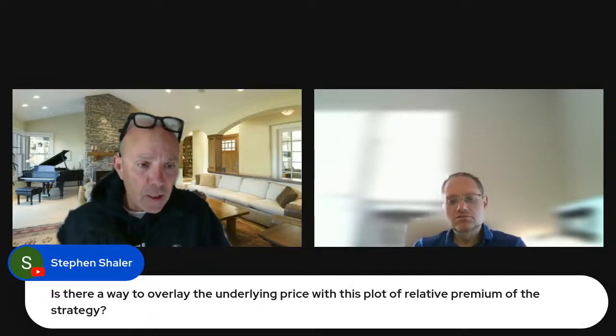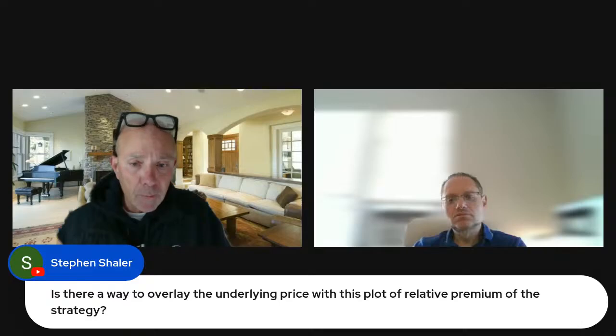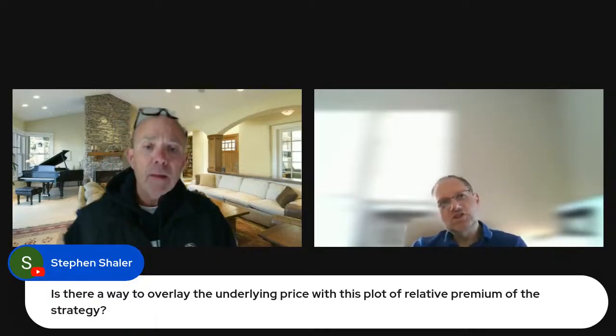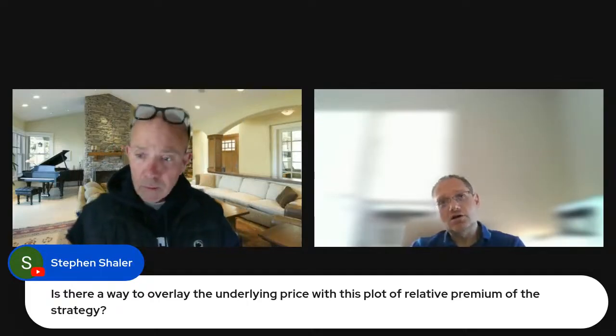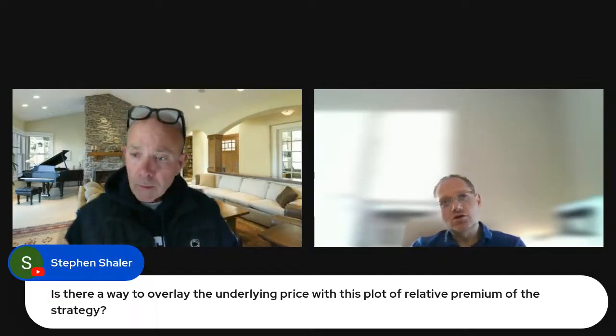It's from Stefan: is there a way to overlay underlying price with this plot of relative premium of the strategy? That's a good question. There isn't here. I'll look into whether we could create a tool like that. Right now, you can't. This only looks at the strategy on its own in this graph.